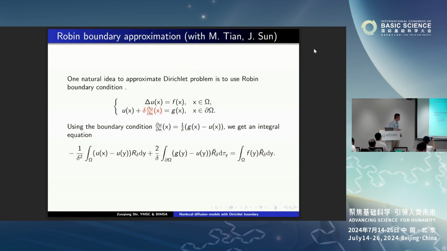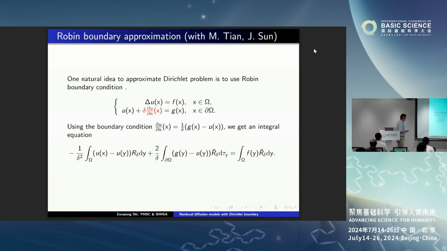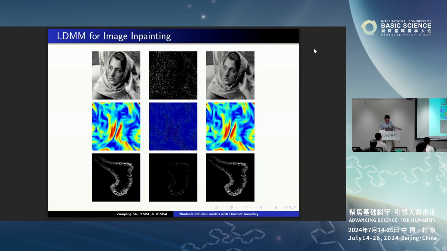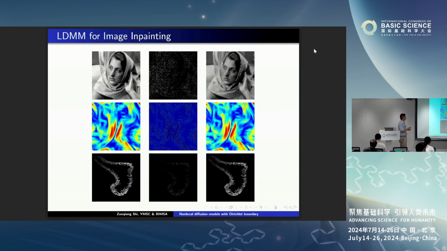Okay. So then we have another improvement of this model. The problem is that we need delta to be small, so the numerical method to solve this nonlocal model is difficult. I forgot to mention that we applied this nonlocal model to the so-called low-dimensional manifold model in image processing, and we can get very good results in the image inpainting problem for different kinds of images.